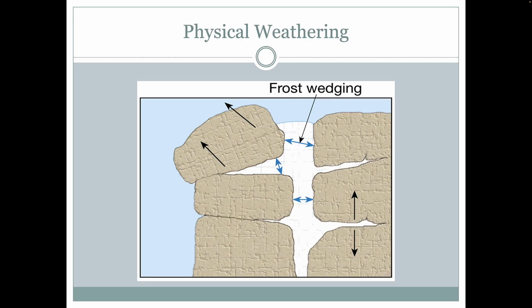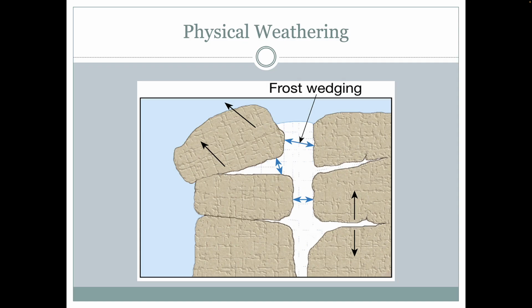That's why ice floats on top of the water when a lake freezes. When it goes into rocks and then freezes, the ice also expands and it actually pushes the rocks apart, or it even can push the rocks upward if it gets into a horizontal crack such as this. So this is one way that physical weathering can occur, and we call this type of physical weathering frost wedging.